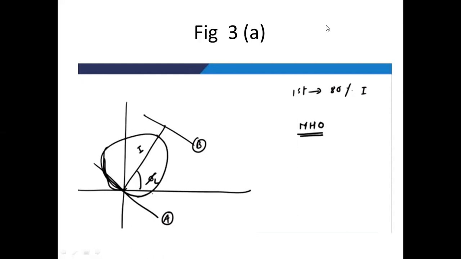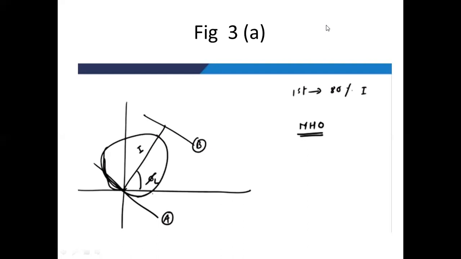This angle is phi L. Let us consider the MHO relay. If I take 80% of the line section, then the distance relay characteristic comes like this. So this covers the 80% of this line section.